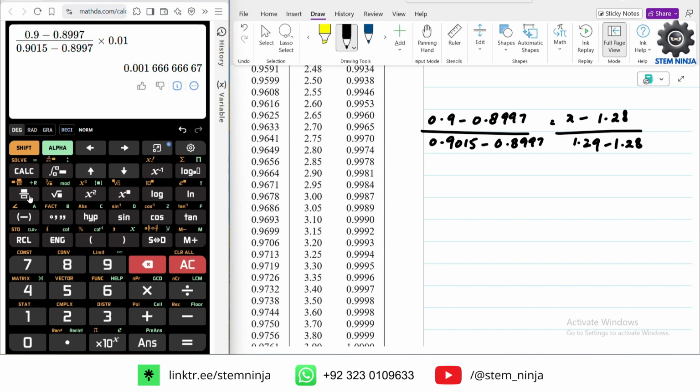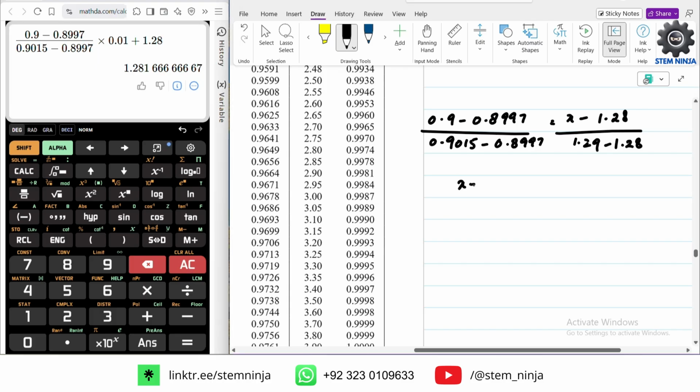So as you can see, 1.28166 is exactly the answer.